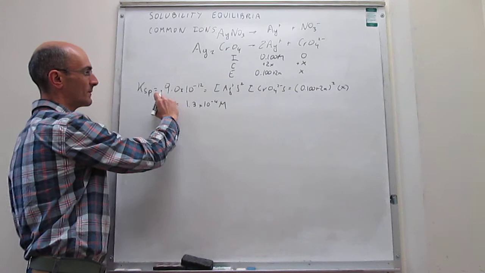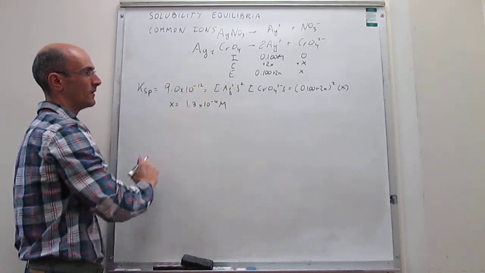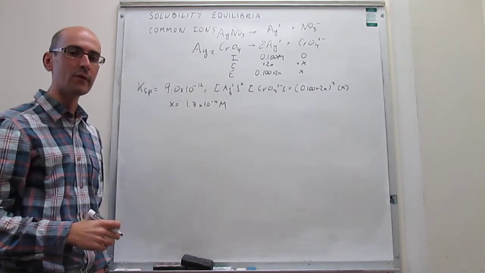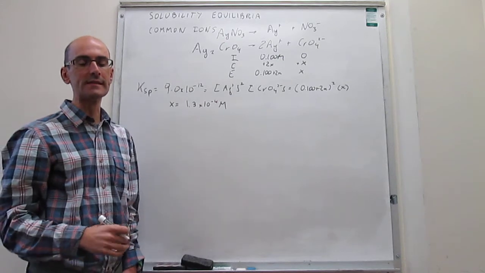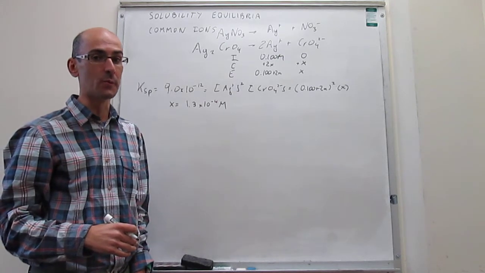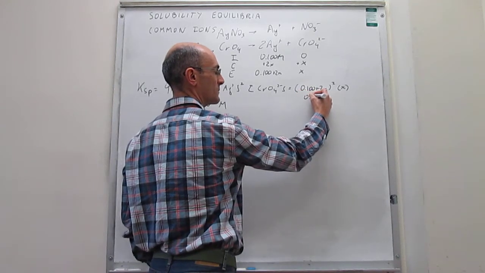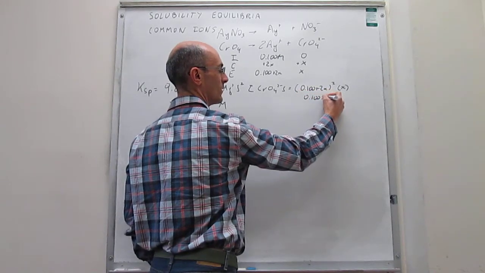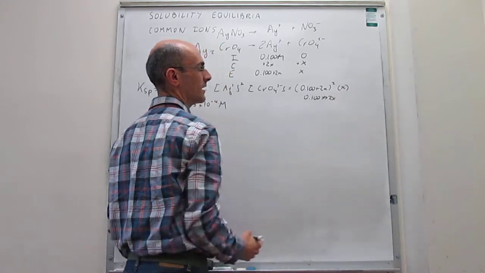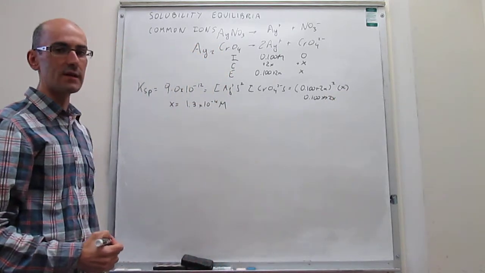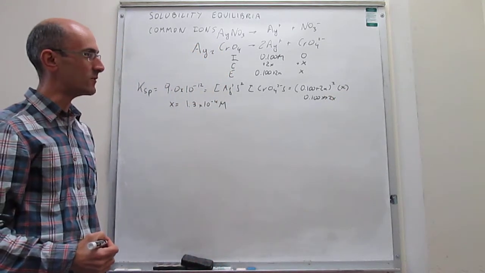Notice that the solubility product is a very small number, 10^-12. What that means is that the solubility is likely going to be a very small number as well. So in this parenthesis, the 0.100 will be much larger than the 2x, which is twice the solubility.